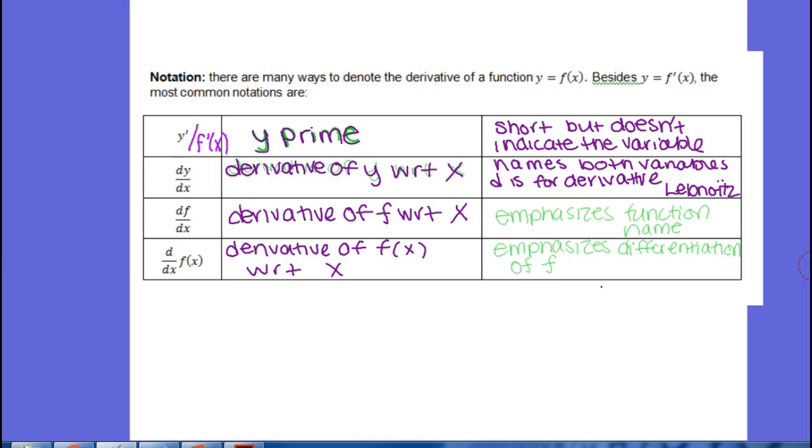We don't use this notation with the limits. No, this is building into the real derivative.